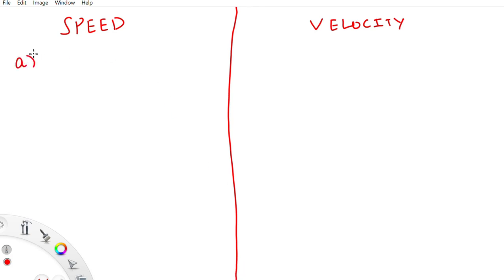Now, we all have learned in our previous classes that speed is basically defined as the distance traveled by a body per unit time.